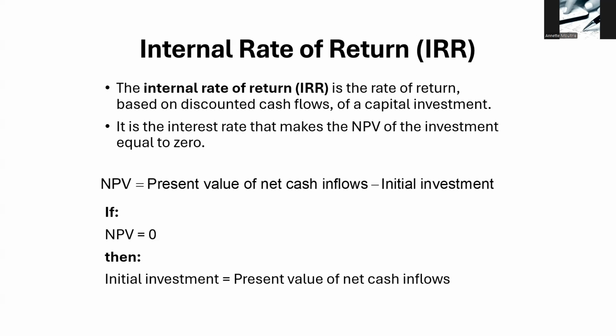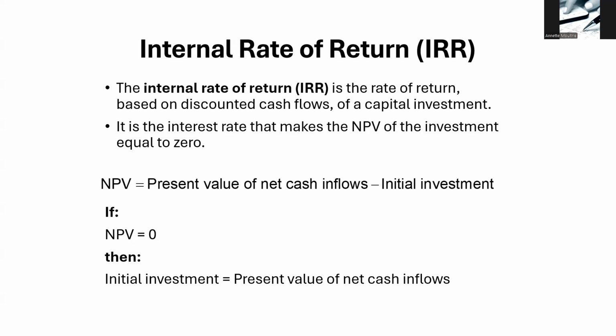If the net present value is positive, then you know that the actual rate of return is greater than the required rate of return, and it is an acceptable project. However, you do not know the actual rate of return, only that it's greater than the required rate of return.